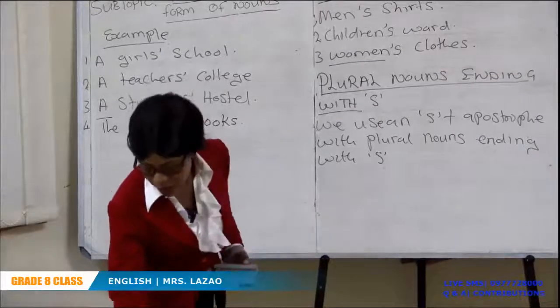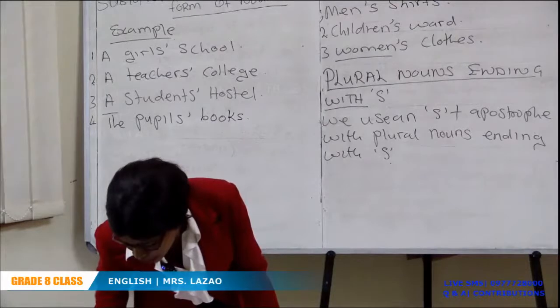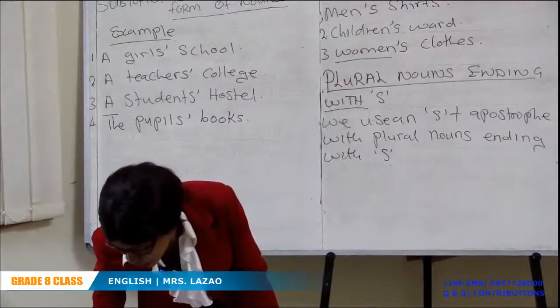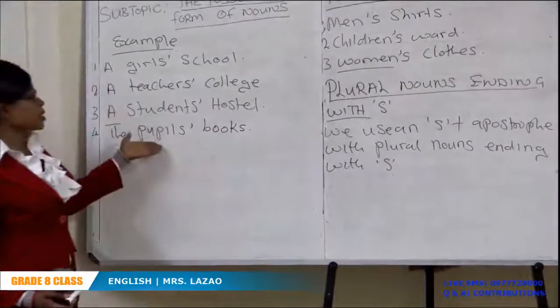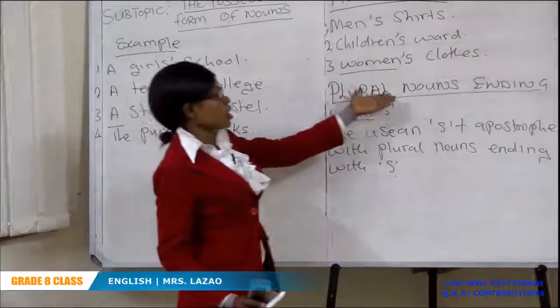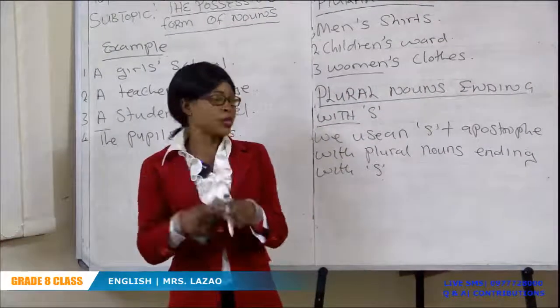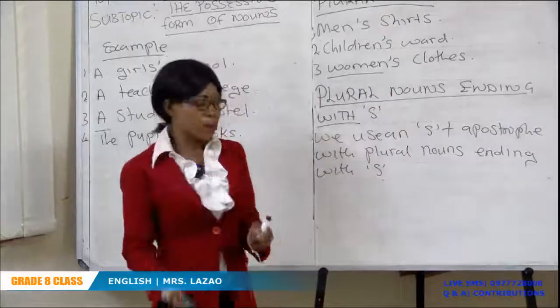There's a question here which says, what type of sentence is it where you put an apostrophe after S? I think this is what I was just explaining, where I said for plural nouns ending with S, we just put an apostrophe.